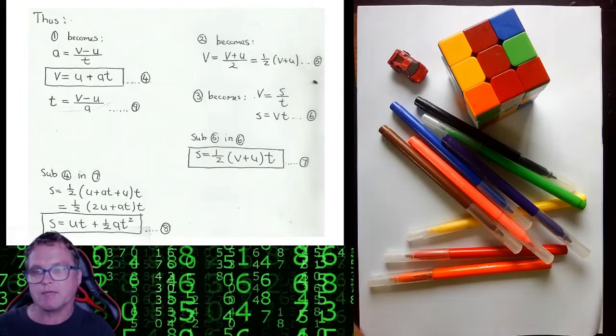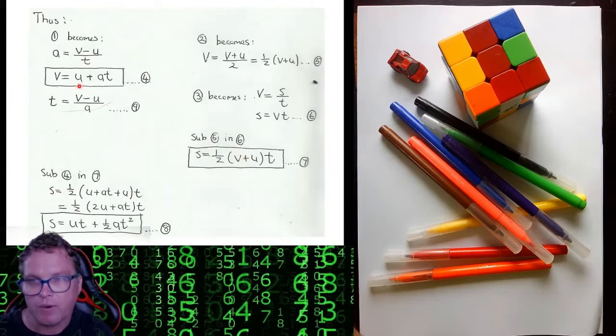To find the next equation, the position as a function of time, we substitute 4 into 7. You can see 4 is the expression for v as a function of time. Into 7, here's a v. So instead of this v, we write u plus at, plus u.